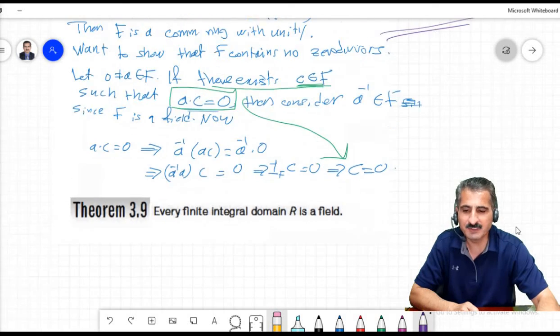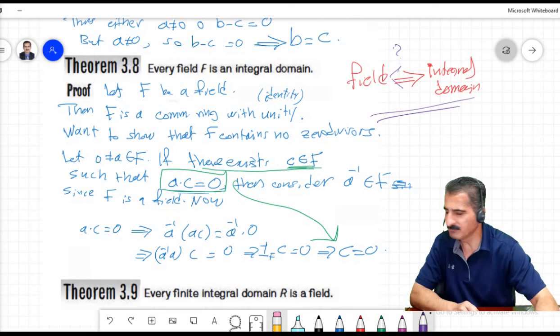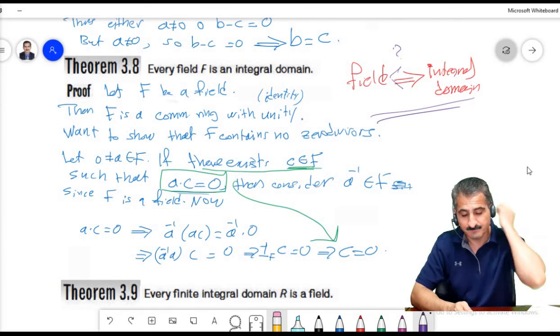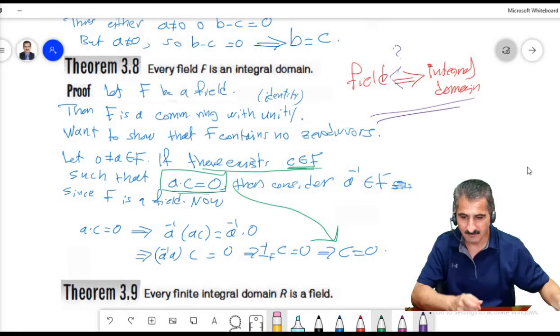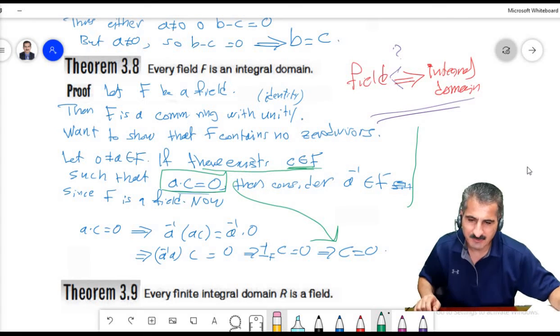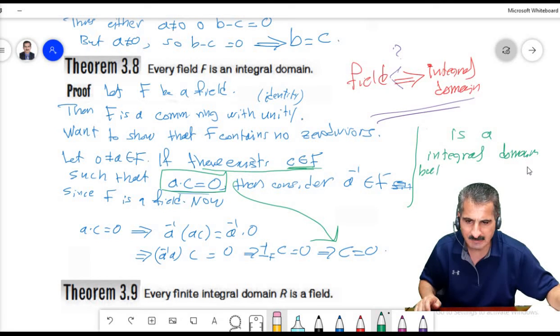Can you tell me about an integral domain which is not a field? Somebody give me a ring which is an integral domain, but not a field.